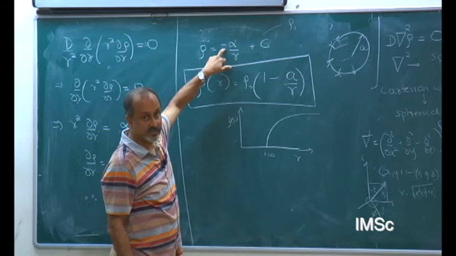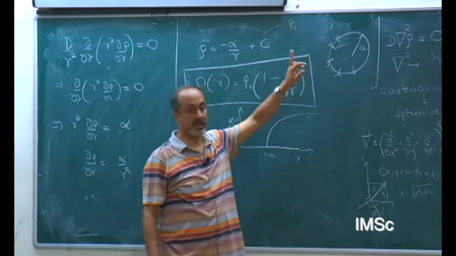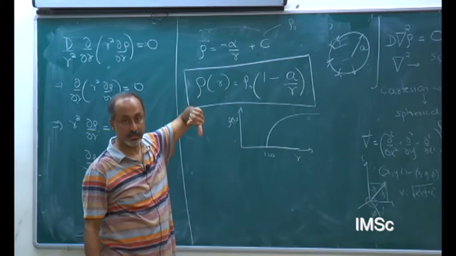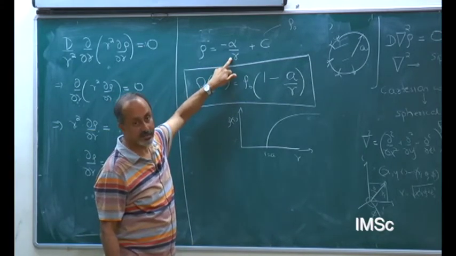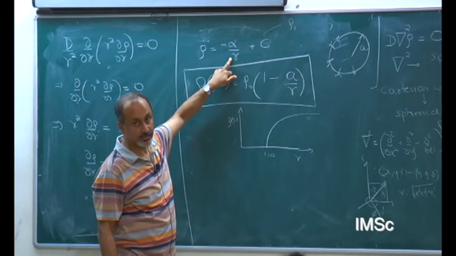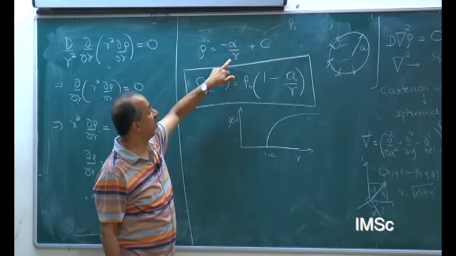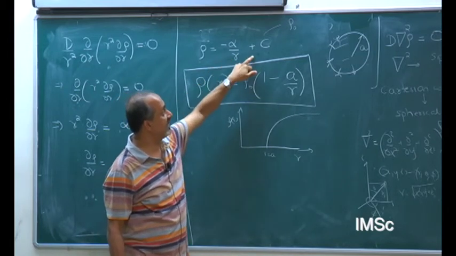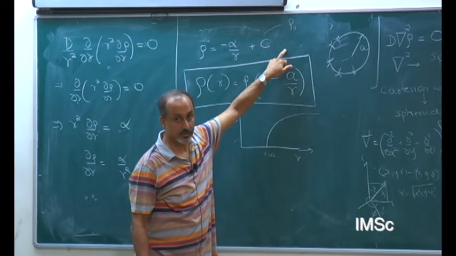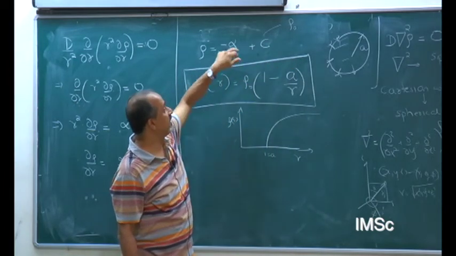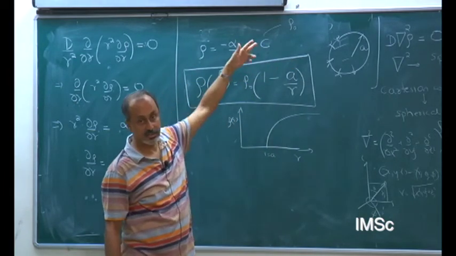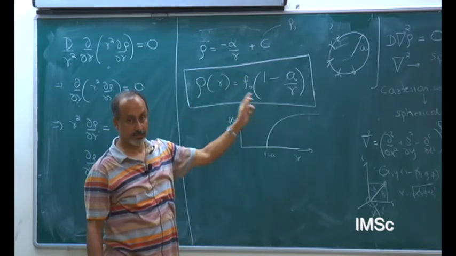We fixed alpha by saying the density vanishes at the sphere surface with radius a. So, if I put a for r here, then rho must be 0. So, minus alpha divided by a plus rho naught must equal 0. Therefore, I can write alpha in terms of rho naught, which is what I have done here.